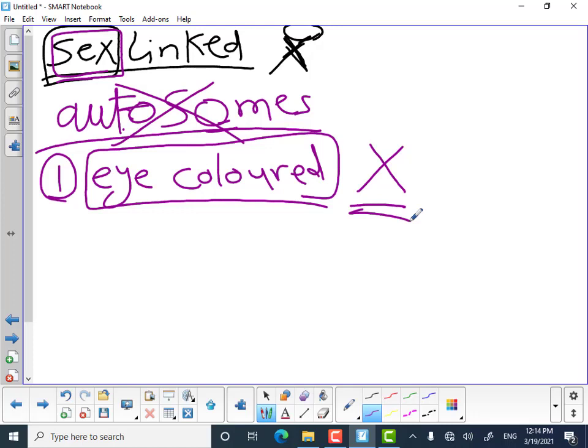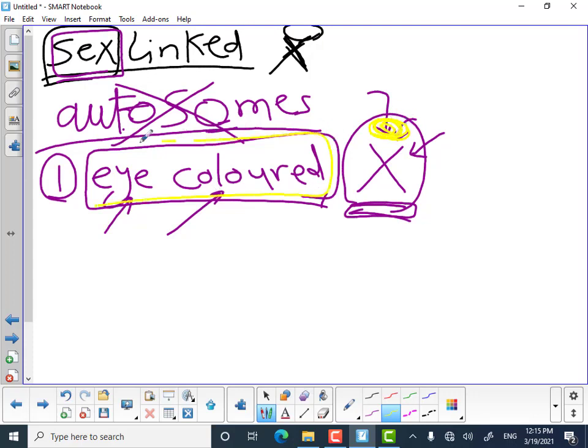Okay? It means that the father and mother inherit the eye color attached on the X chromosome, which determines the sex. So we inherit the sex, and at the same time this chromosome is carrying a somatic character.